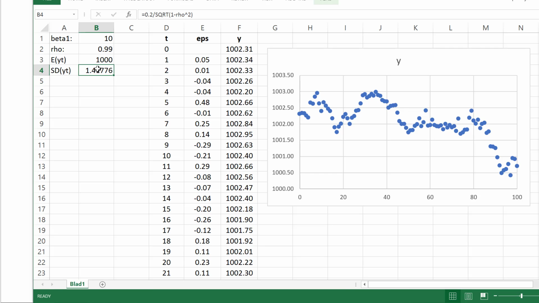Keeping rho strictly between -1 and 1 will then create a whole sequence of stationary observations for y. We sometimes say that we start the process at the stationary distribution, meaning that we simulate the starting point of the process in such a way that it will have the correct expected value and variance.